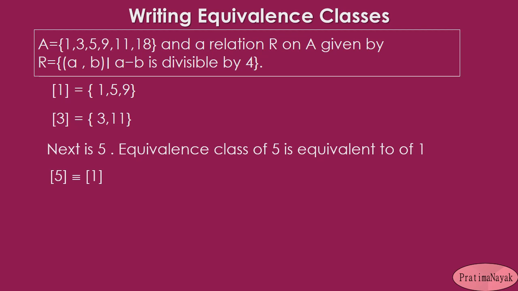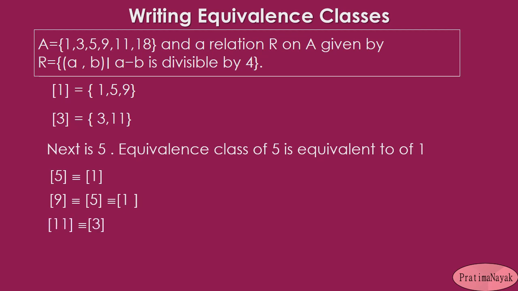Once you get that 5 is associated with 1, its class will be the same as the equivalence class for 1. So we write square bracket 5 is equivalent to square bracket 1.